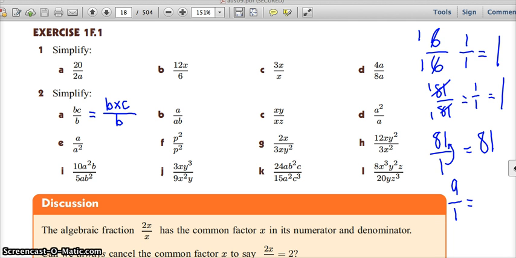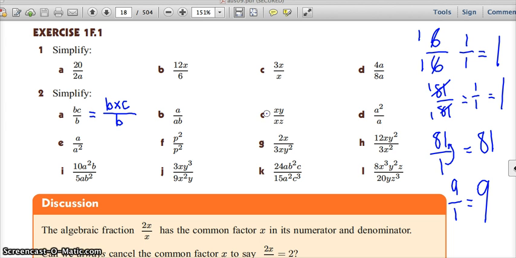Monique? 1 goes into 9 times. That's right, and so it's the whole number of 9. There are a couple of basics that we're picking up from your past, which will help us in this. What's the rule? Anything over 1 is whatever's on the top line. Anything divided by 1 is whatever's on that top line. That's what we saw there.